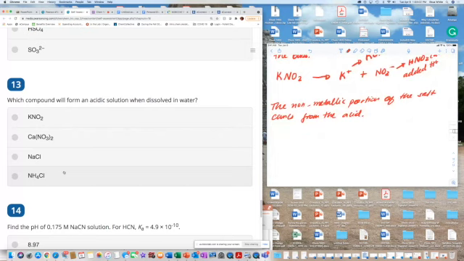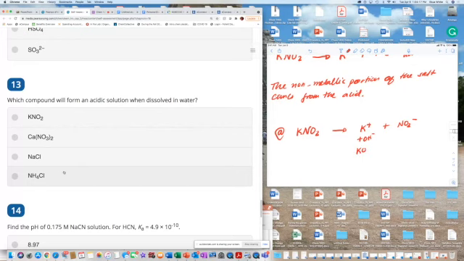So starting with salt, let's call this salt A. Potassium nitrite. K plus, NO2 minus. Add OH minus, and I get KOH. Add H plus, and I get HNO2.